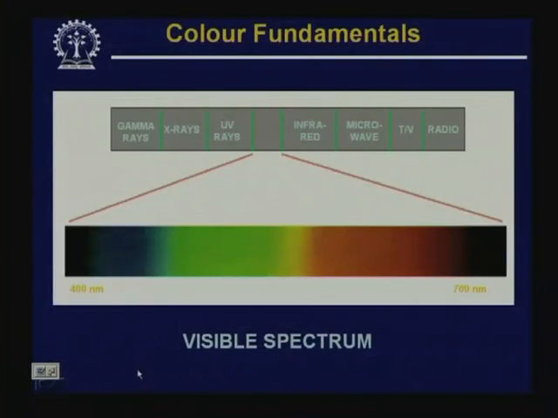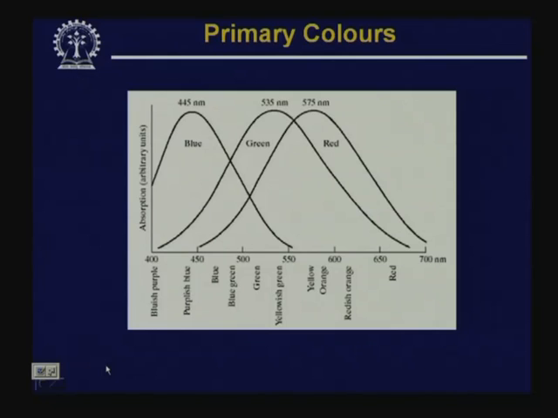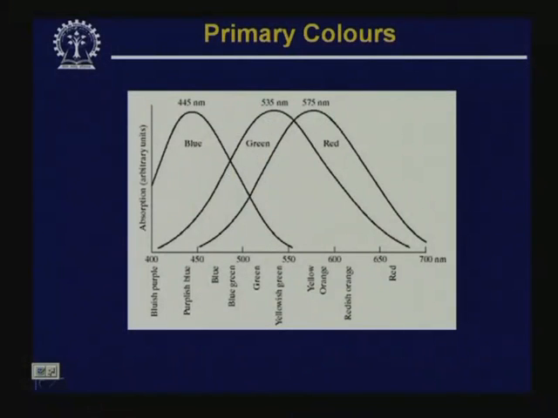But the experimental result is slightly different from this. Let us see how the experimental result looks. This diagram shows the sensitivity of those 3 different cones in our eyes. The cones which are sensitive to blue light receive wavelengths ranging from around 400 nanometer to 550 nanometer.